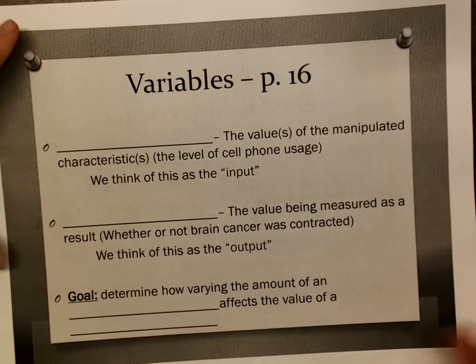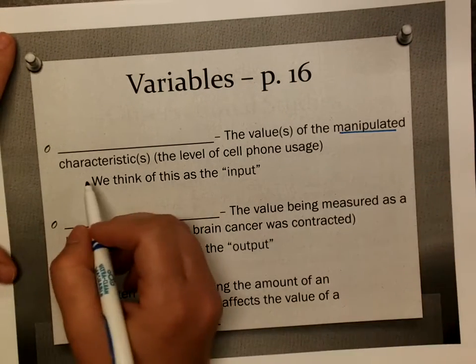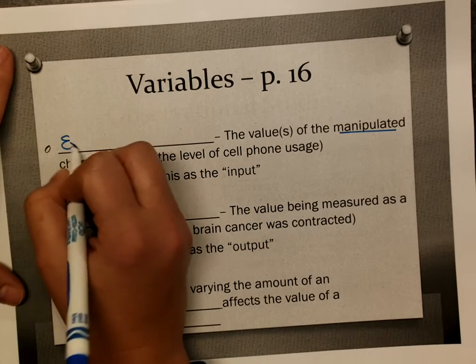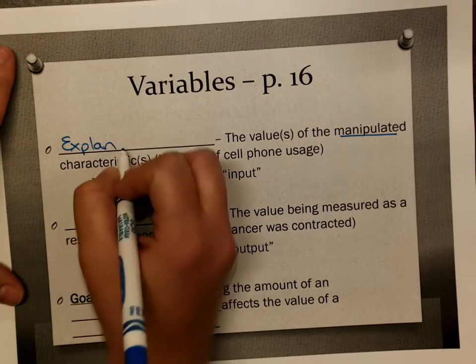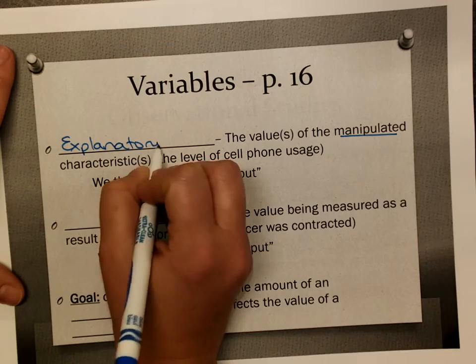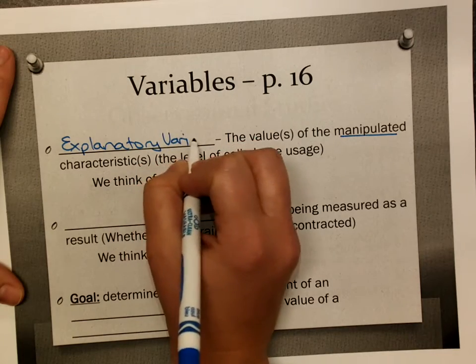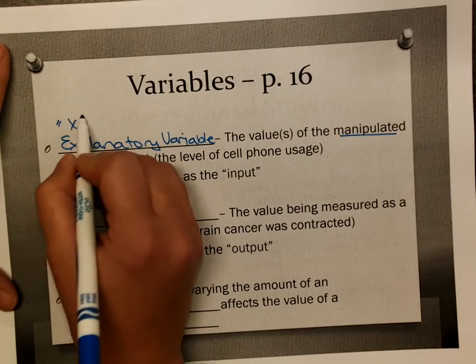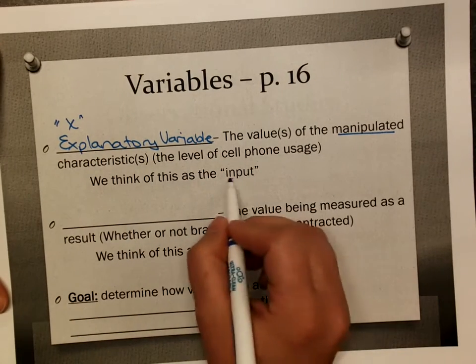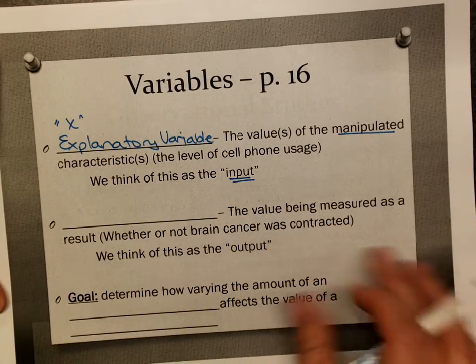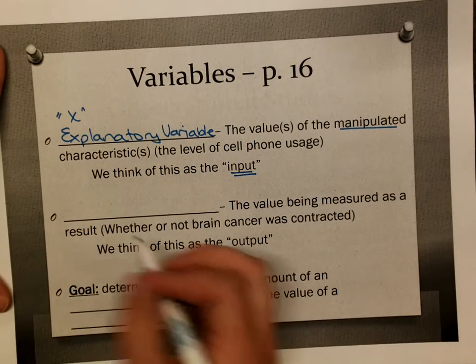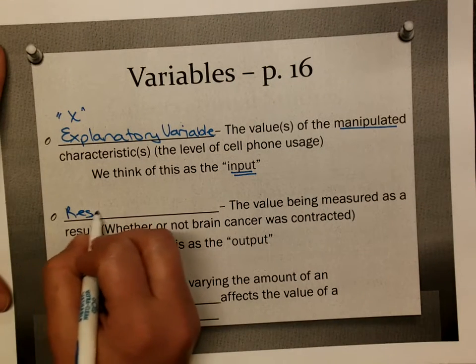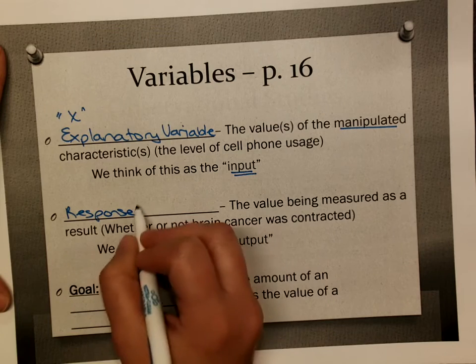So the values of the manipulated characteristics is what we call the explanatory variable. If you've taken an algebra class, this is the x variable. We also call this the input. Then we have what's called the response variable.